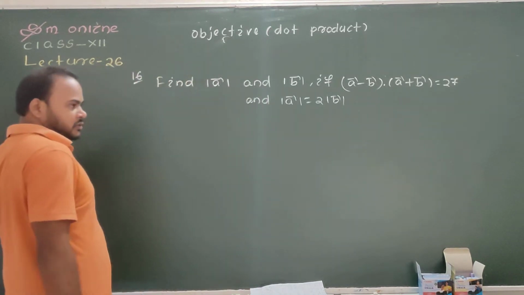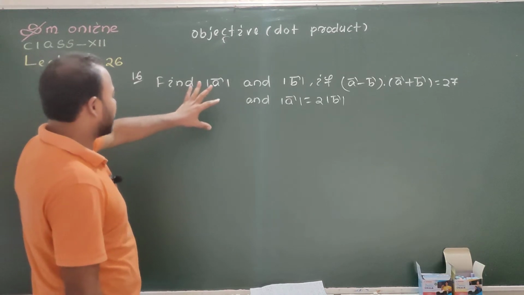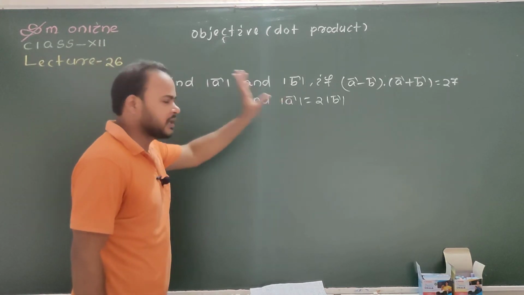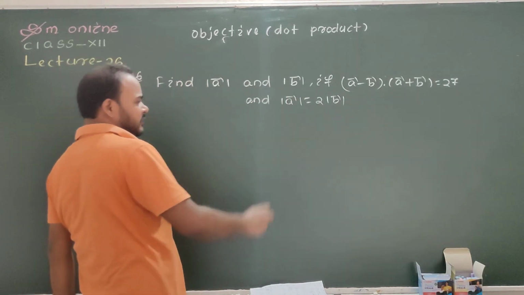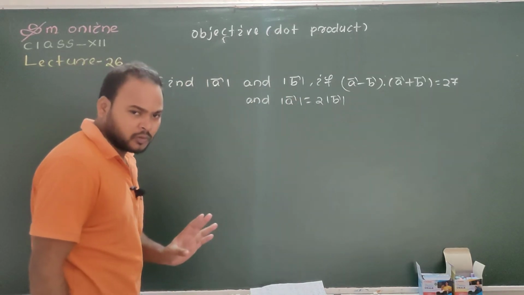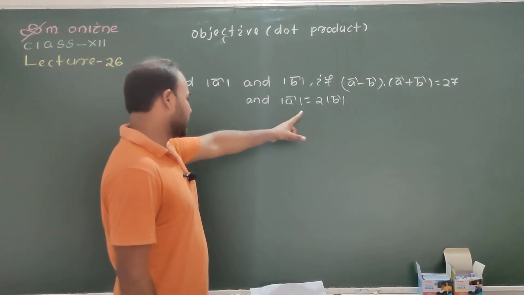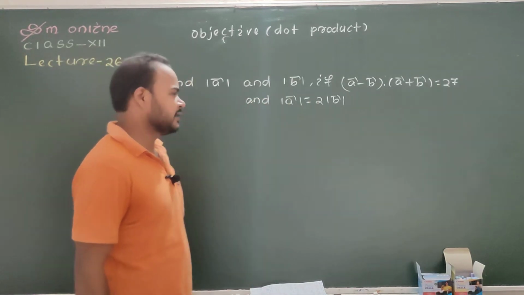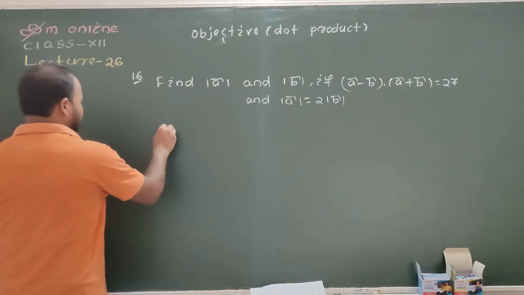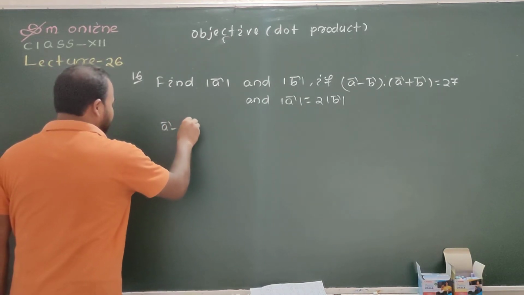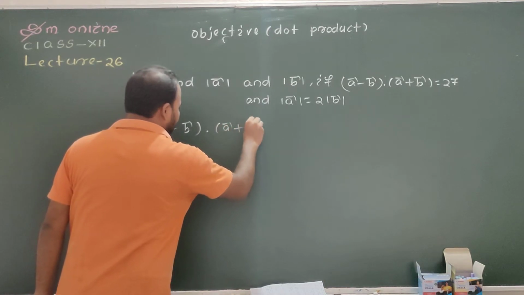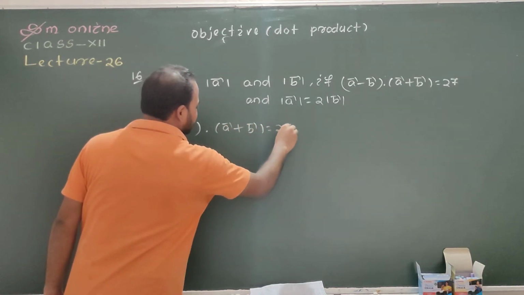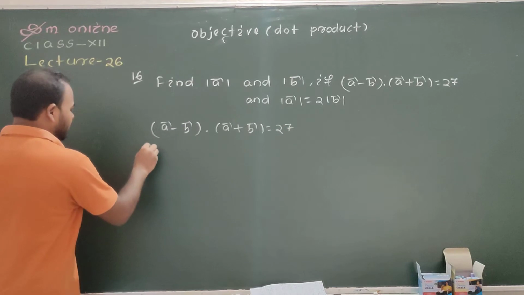Now the solution is that we have to find out magnitude of vector A and magnitude of vector B. It is given that vector A minus vector B dot vector A plus vector B equal to 27, and magnitude of vector A equal to twice of magnitude of vector B. So let us start. This is vector A minus vector B dot vector A plus vector B equal to 27.